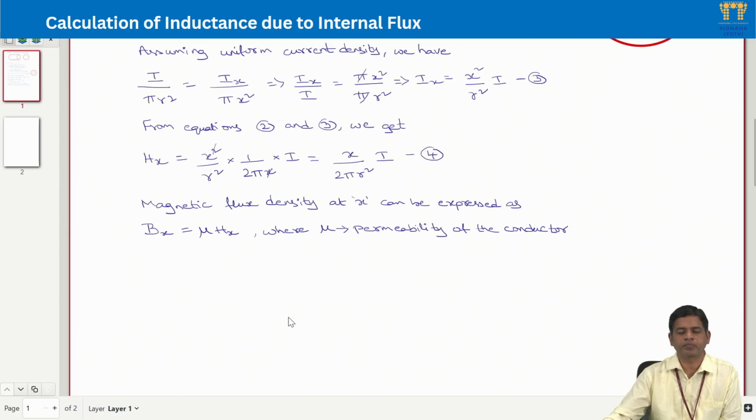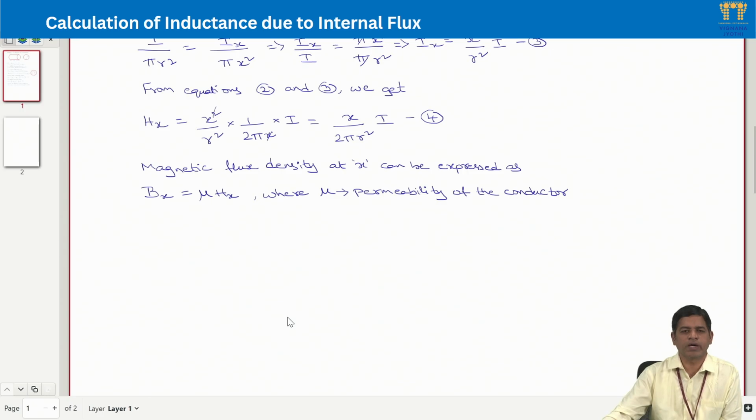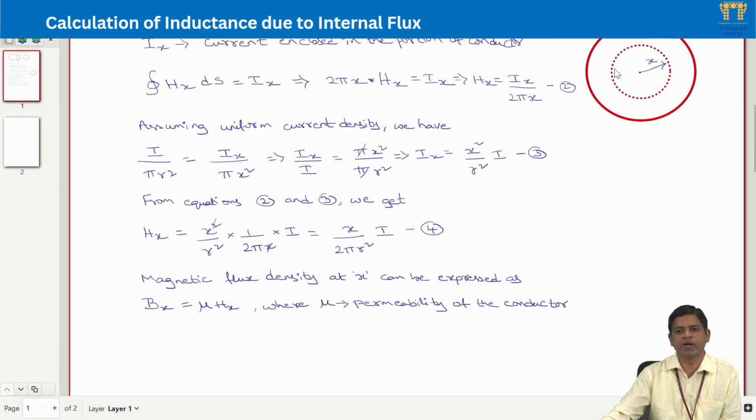Now, if I want to calculate flux at that point, what I basically do is I just take a tubular element at this point x.